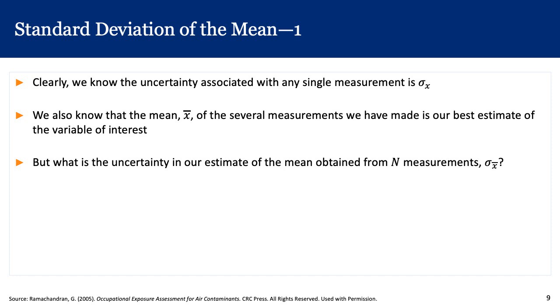So we know the uncertainty associated with any single measurement is given by the standard deviation, sigma x. We also know that the mean, x bar, of several measurements is our best estimate of the variable of interest. So what is the uncertainty in our estimate of the mean, the best estimate obtained from our n measurements?